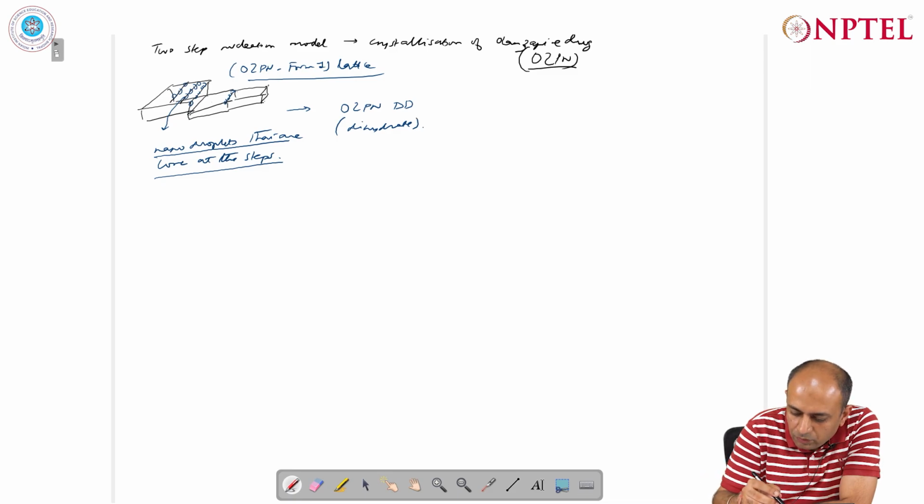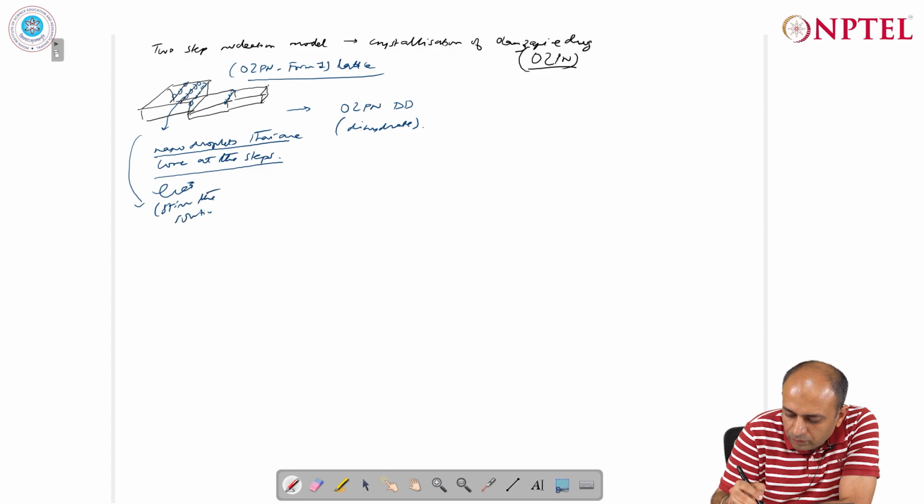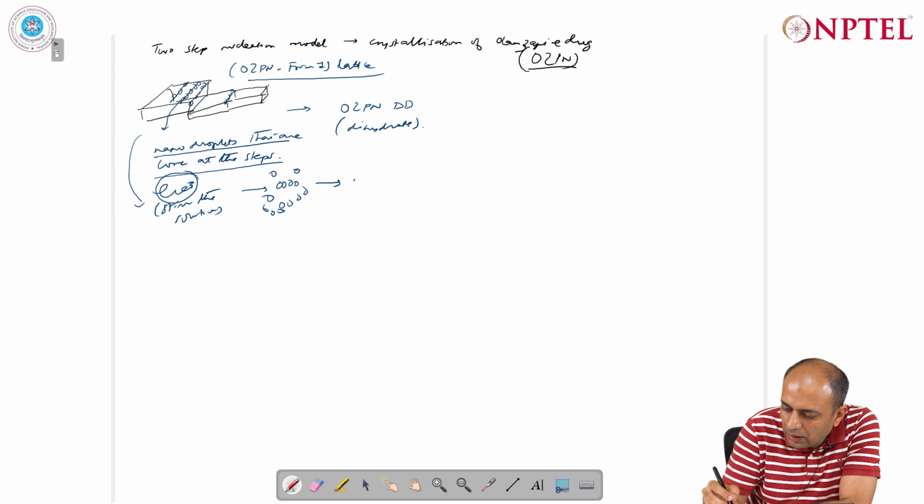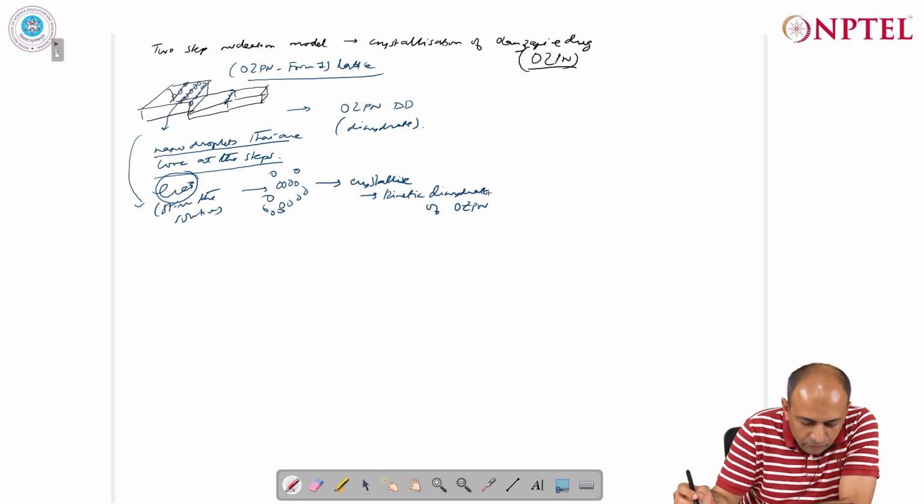However, if you continuously stir the solution, then these droplets will go into the solution and then crystallize as the kinetic dihydrate of OZPN, which we call OZPNDB.